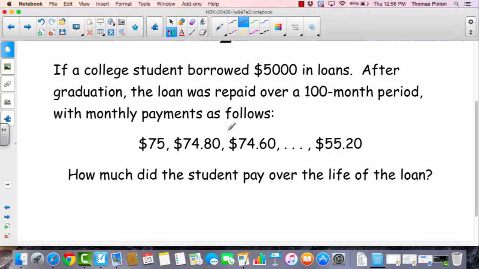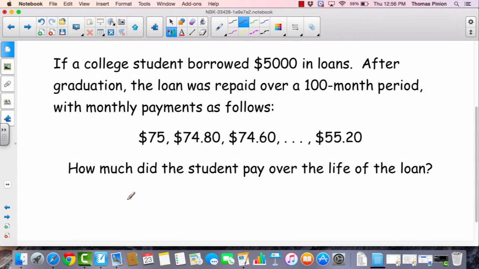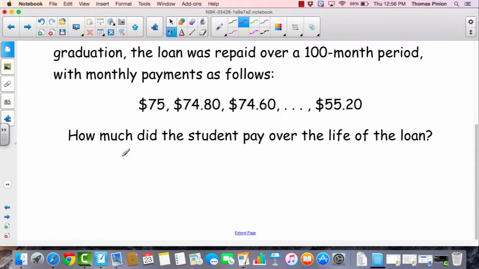Okay, so now let's go ahead and write down a few things that we know. First thing we should know is a sub 1 is 75. Now a sub n equals $55.20.